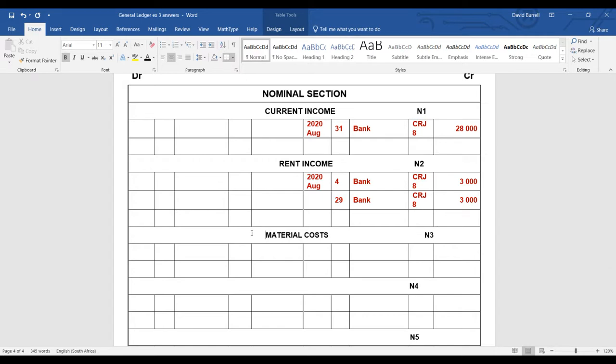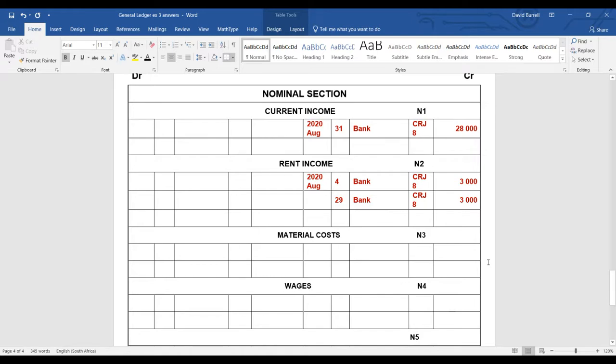With material costs, and you'll notice what I'm doing here with the N3. We would normally have it matching up with our folio column. And then we're going to have wages over there. We're going to put all of these other accounts in. And we don't need to get too pedantic. Okay, maybe we will get a bit pedantic, never mind.